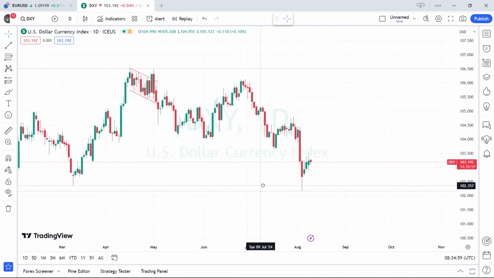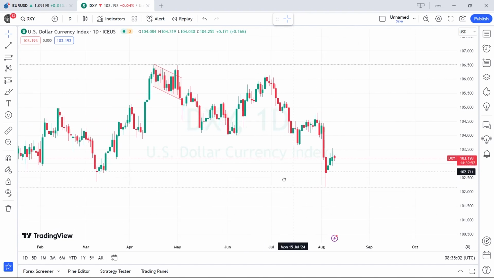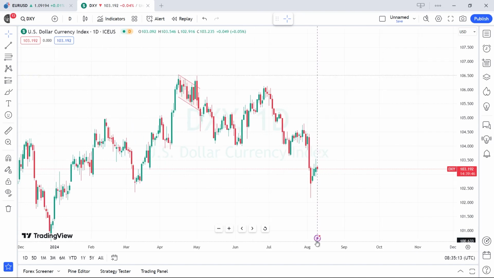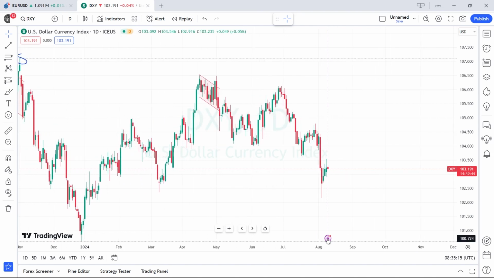But as you can see, this was just temporary panic, and prices are even back to the Friday closing price here on the dollar index. Even the stock market, if you decide to check, you're going to see something similar.